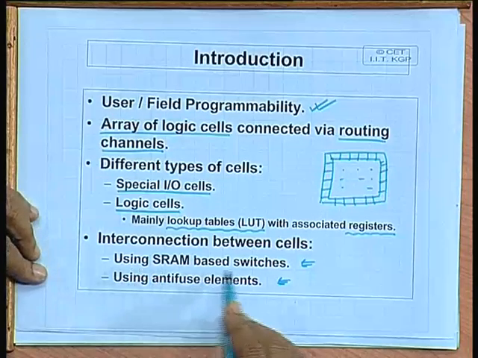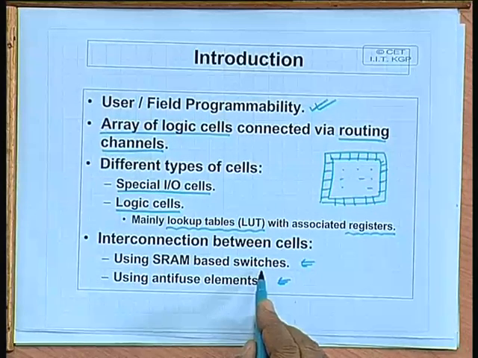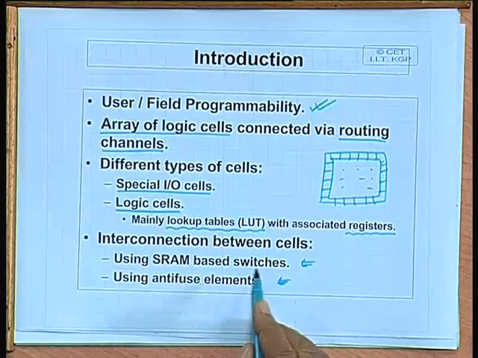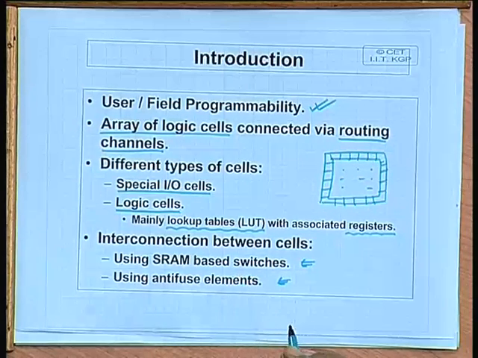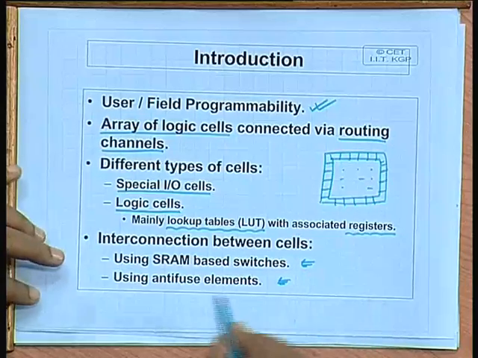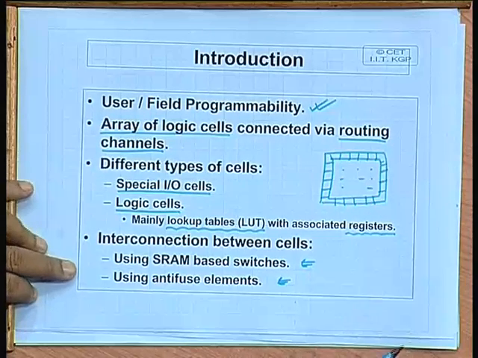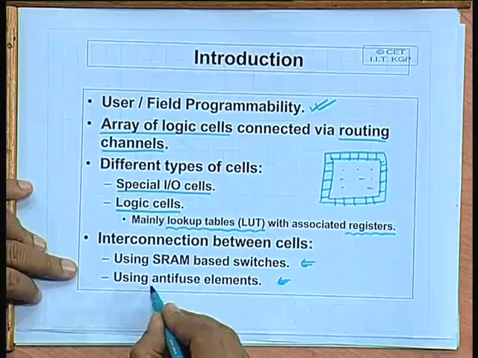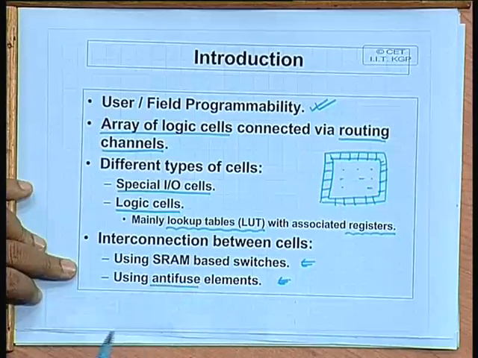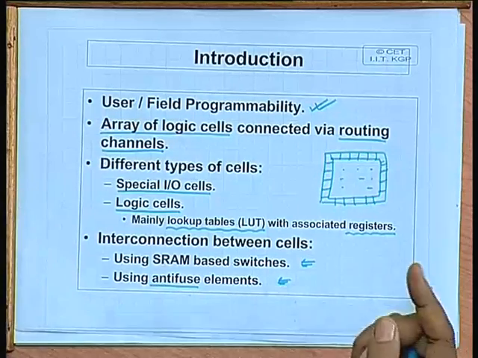So, this kind of a solution can be reused. It is not a one time use. You can again change the content of the RAM, interconnection changes. But in contrast, there are some chips which can be programmed only once. It is based on something called anti-fuse technology. See, normally what is a fuse? Whenever you pass a high current, there is a disconnection, but anti-fuse is different.